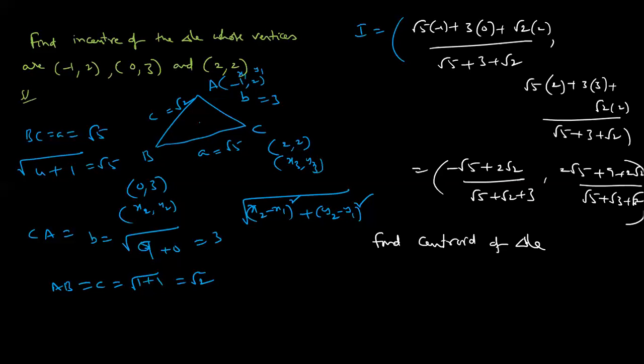Find the centroid of the triangle ABC. If A is 0, 0, B is 6, 0, C is 0, 9. What is the answer?